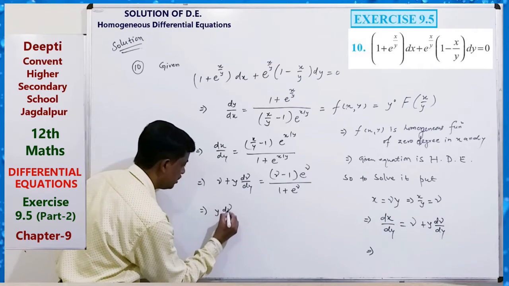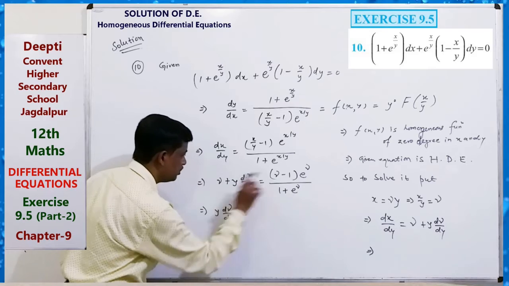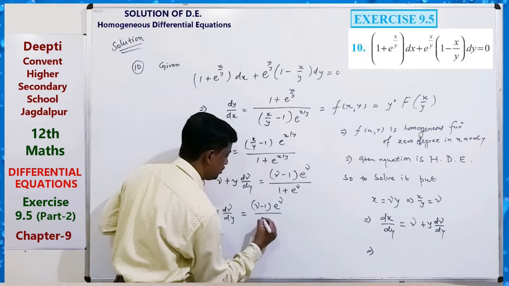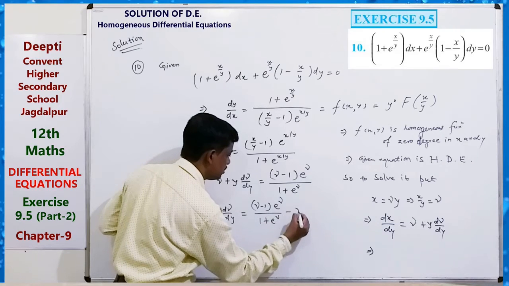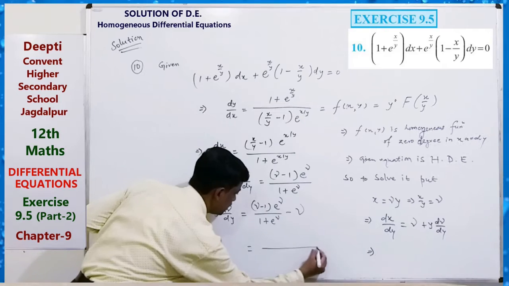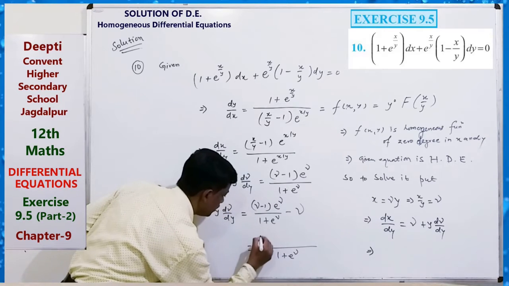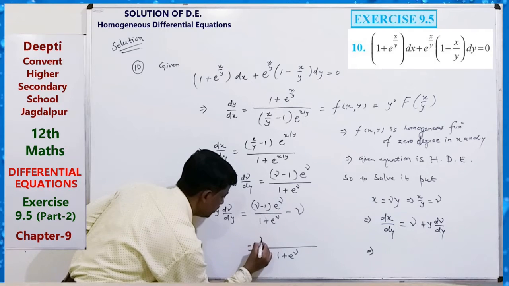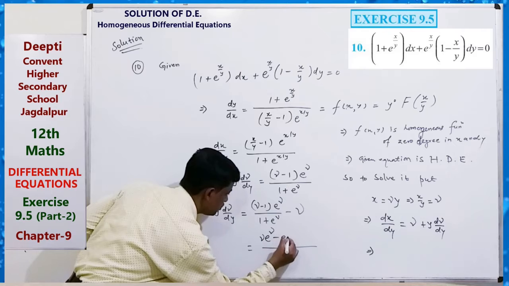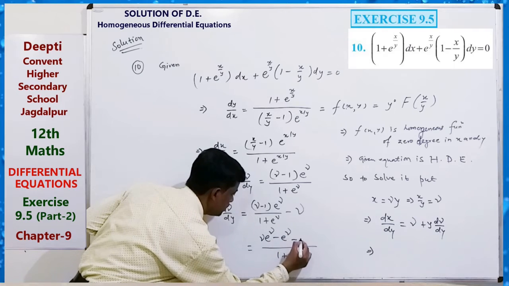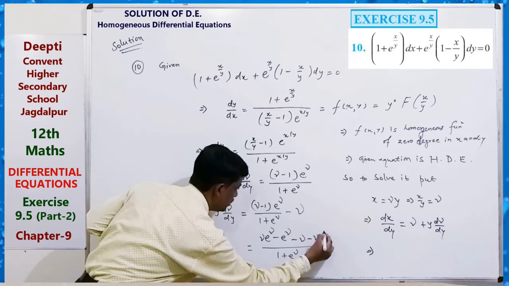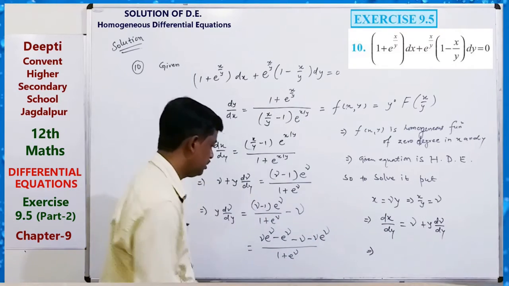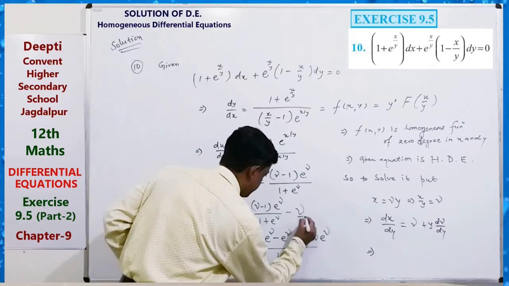Now y dv/dy: v transferred to the right hand side gives (v - 1) e^v / (1 + e^v) minus v. Now taking the LCM, we get v e^v minus e^v minus v minus v e^v, upon 1 plus e^v.